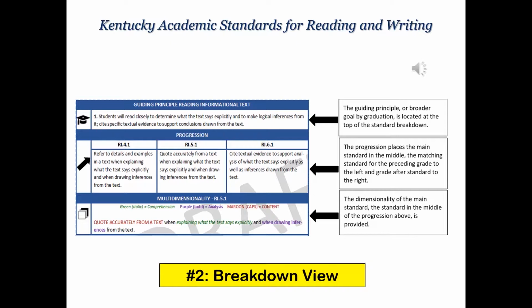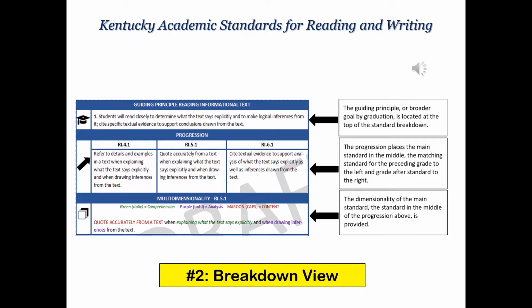I know all of you, and from my teaching experience and Rebecca's too, you do have those kids in your classroom who you can allow to go farther. And right here on the page, without you having to go to the 6th grade standards, are some guidelines for how you can support those students and where they should be going. The bottom part, multidimensionality, I'm going to come back to in just one second. I want us to focus on the progression for just a moment.